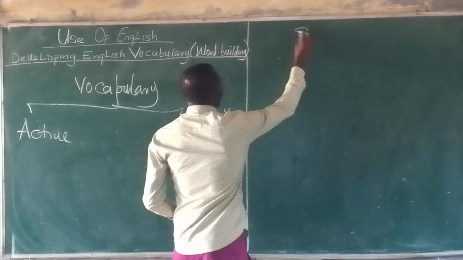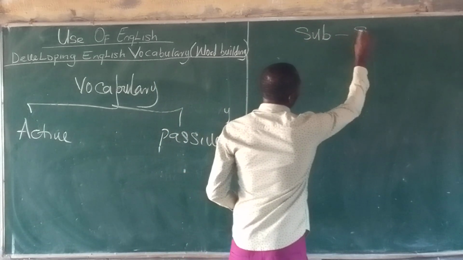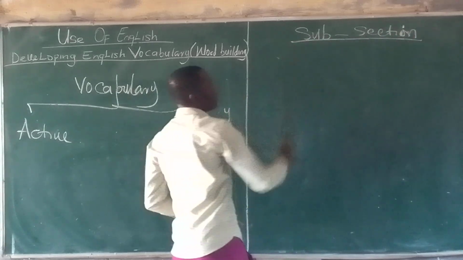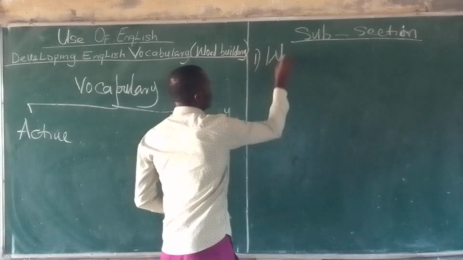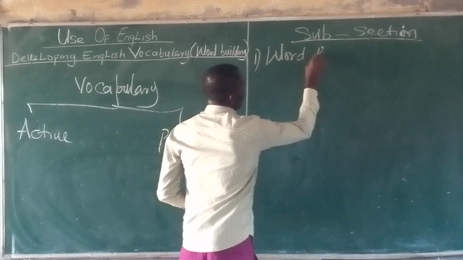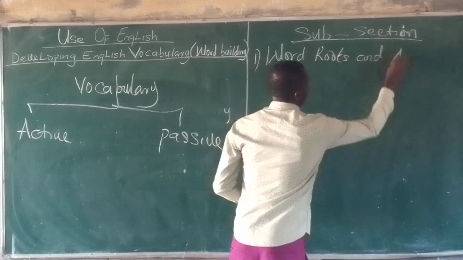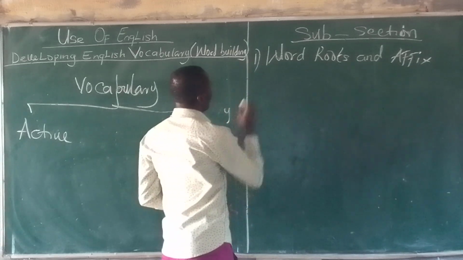So we look at the subsections or the subtopics. The first one to look at in the subtopic is the word roots and affix.